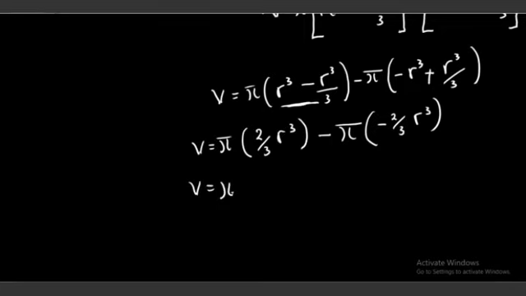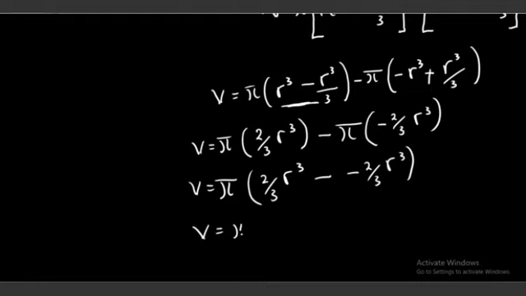So this will be pi into bracket 2 over 3 r cubed minus minus 2 over 3 r cubed. This will give us V equals pi into bracket 2 over 3 r cubed plus 2 over 3 r cubed. Close the bracket.